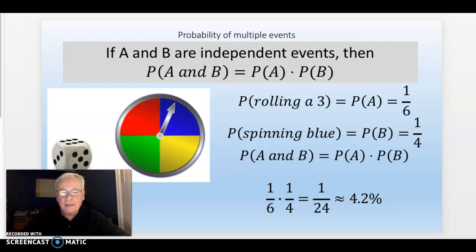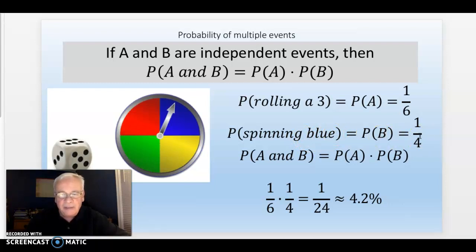Guys, there's a formula. If two events are independent, the probability that A and B, that both of them happen, is each of these probabilities multiplied together. All right, if they're independent. So the probability of rolling a 3 is 1/6. The probability of spinning, getting blue on the spinner is 1/4.